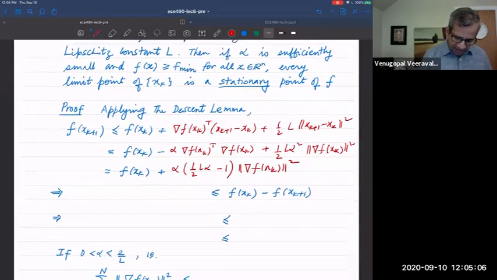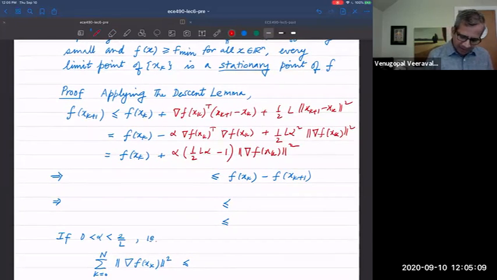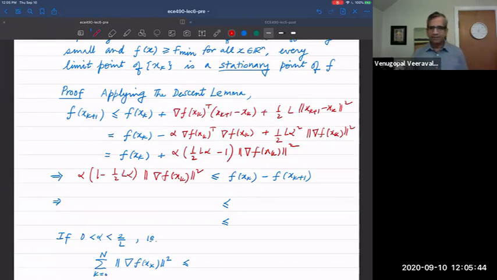So now I'll take this guy to the right-hand side and put it here, f(xk) minus f(xk plus 1), and I'll move this guy to the left-hand side and change the sign inside the parentheses. So I'll get alpha times 1 minus half L alpha times the norm of the gradient of f(xk) squared is less than that.